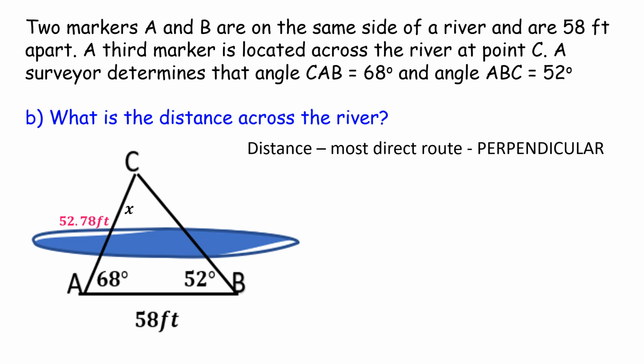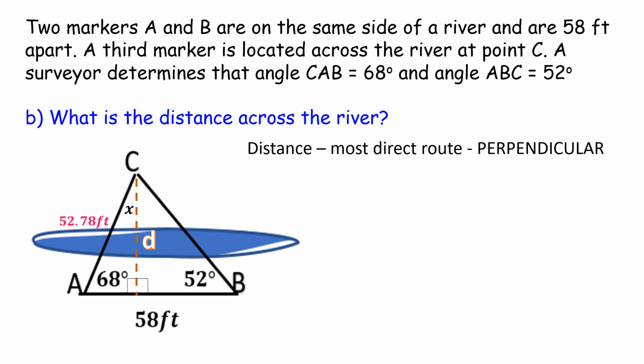So I'm going to draw a perpendicular from angle C down to the side where the 2 points are across from the river. That's going to be my perpendicular. Therefore, I create right angles. You'll notice I also tucked in that the length of side B was 52.78. I put that back in there for us.